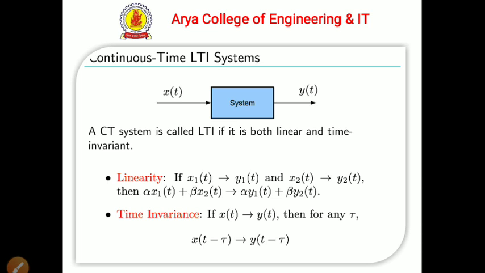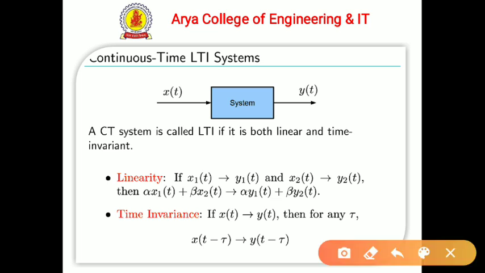So we will discuss what linear time invariant systems are. Suppose we have a system diagram in which x(t) is the input and y(t) is the output of that system, and this system has some transfer function. So we apply x(t) to this system and we get the output y(t).